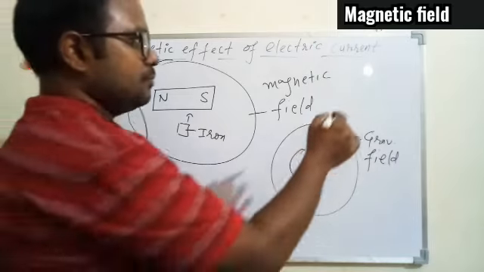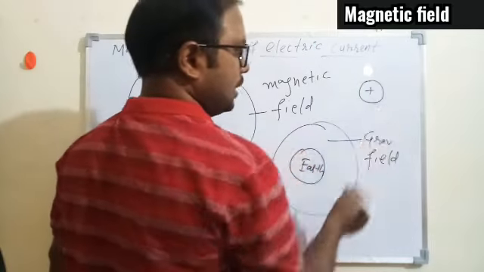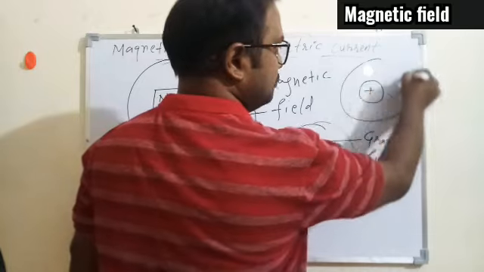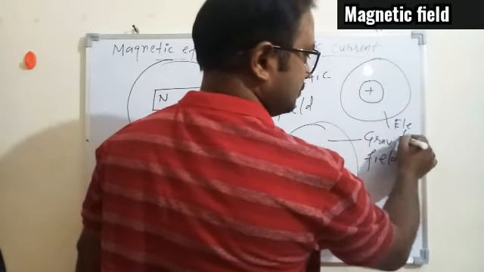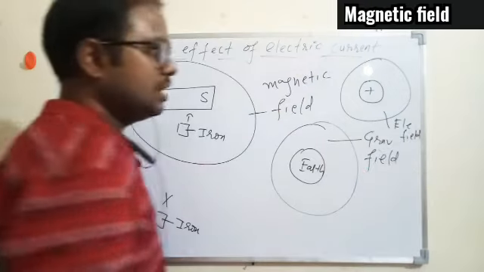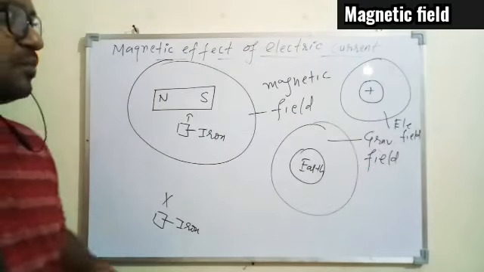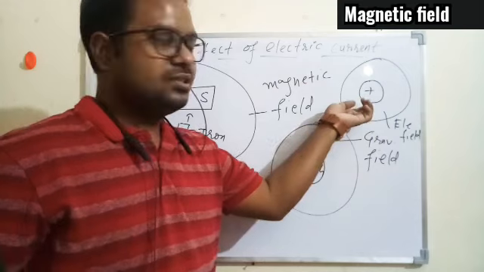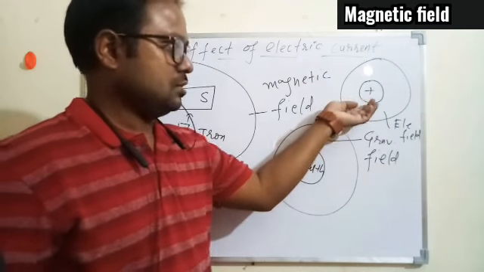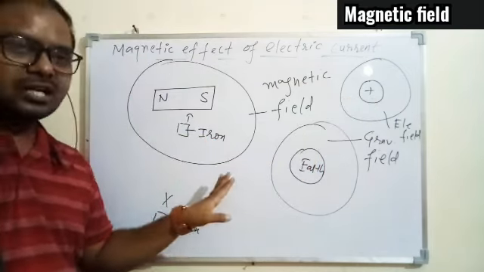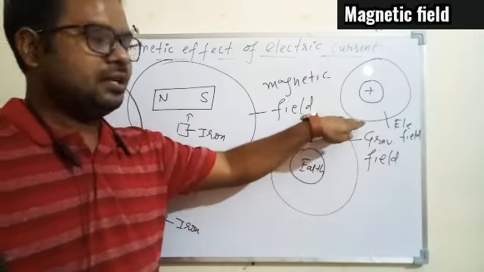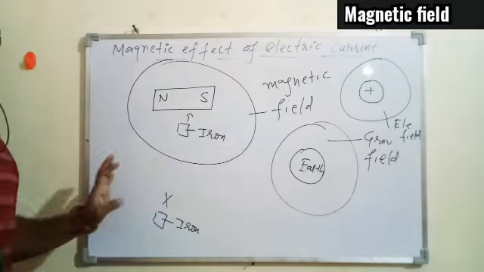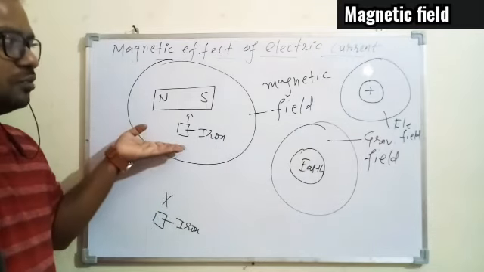Same like any charge, positive or negative, will have a field, called the electrostatic field, within which the charge can attract or repel other charges. So all three are non-contact forces: magnetic, gravitational and electrostatic. Whenever we have non-contact forces, we always have a field.